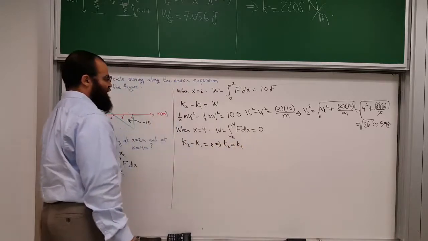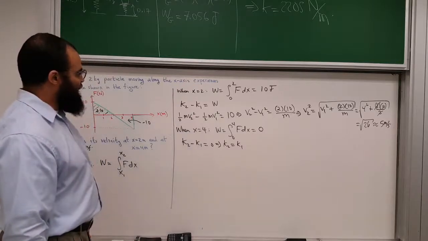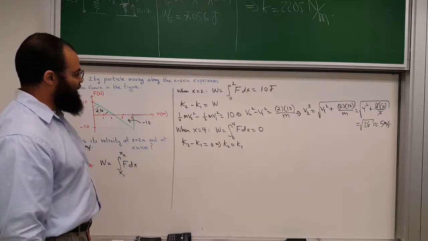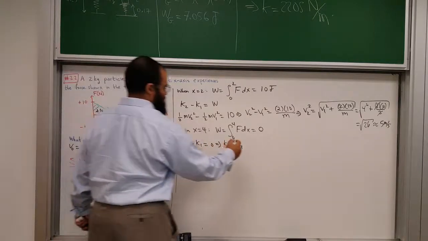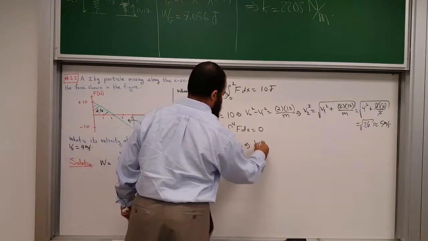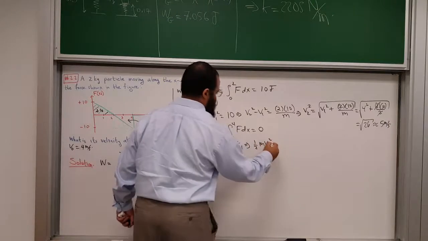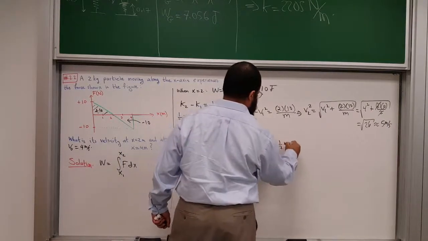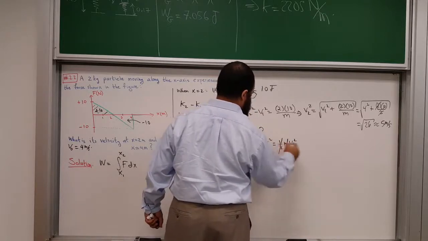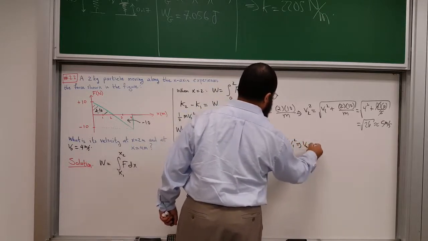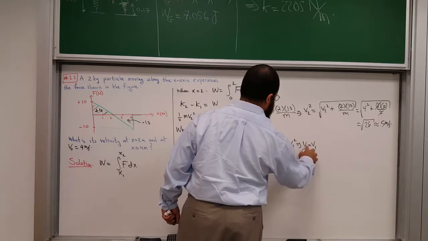So 1/2 m v2 squared equals 1/2 m v1 squared. The mass is the same, so the 1/2 m cancels, and v2 will equal v1. The speed is the same.